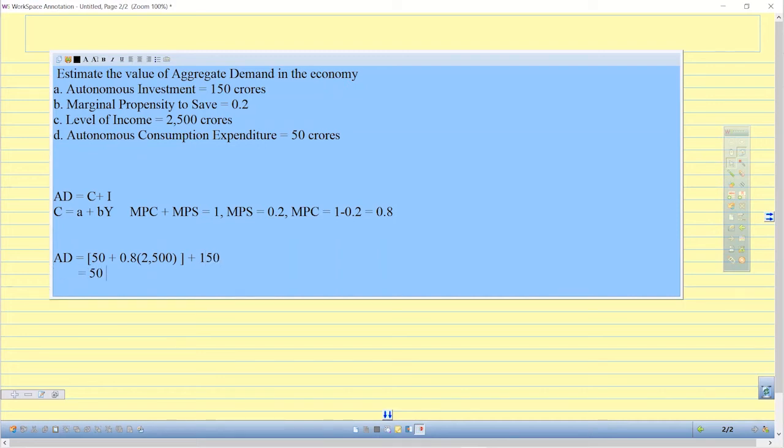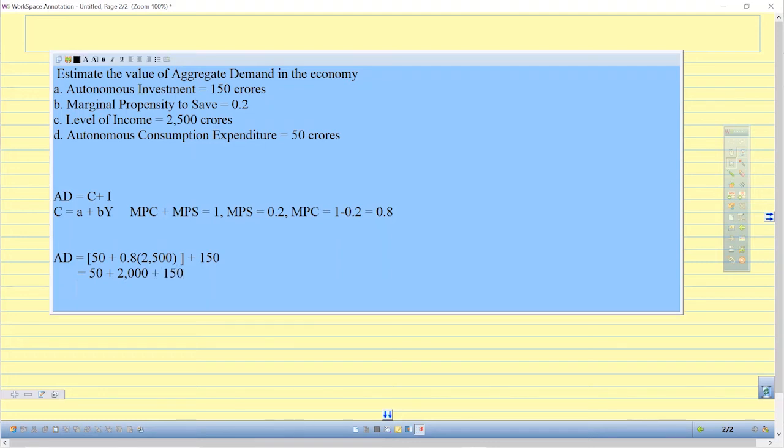That is equal to 50 plus B of Y, which is 0.8 into 2500, that amount comes to 2000, plus 150. That is equal to 2200. So at income level of 2500, aggregate demand will be 2200. So this is the answer for question number 4.